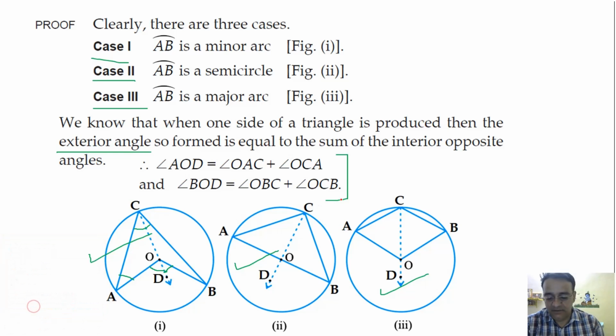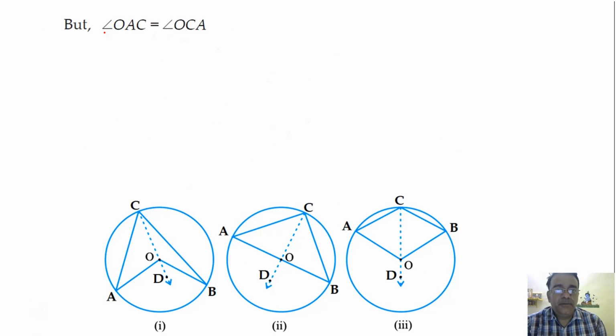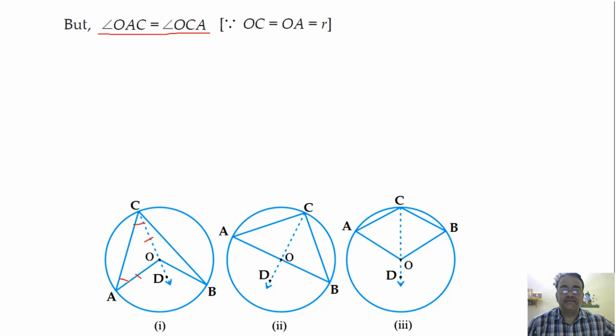Yes, sir. Right. Now, angle OAC is equal to angle OCA. Why? Because OC is equal to OA, radii of the circle, and we know that angles opposite to the equal sides are also equal. Right? Similarly, these two angles are also equal, this one and this one.